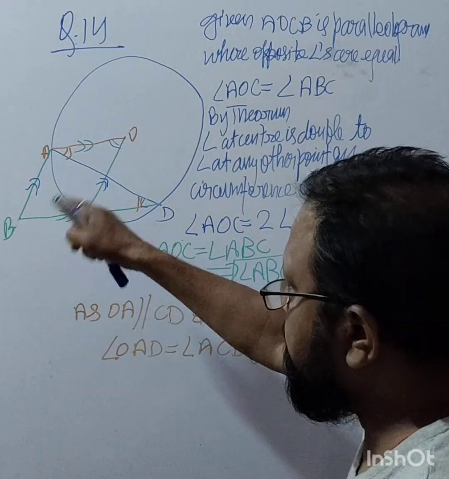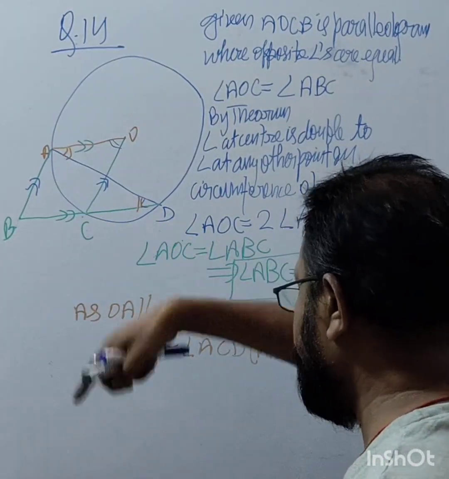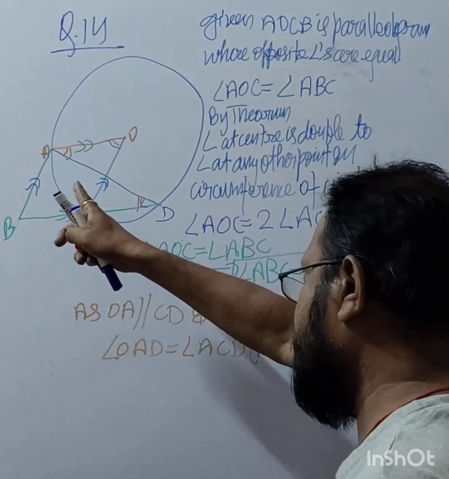They are alternate interior angles. OAD is equal to ACD.